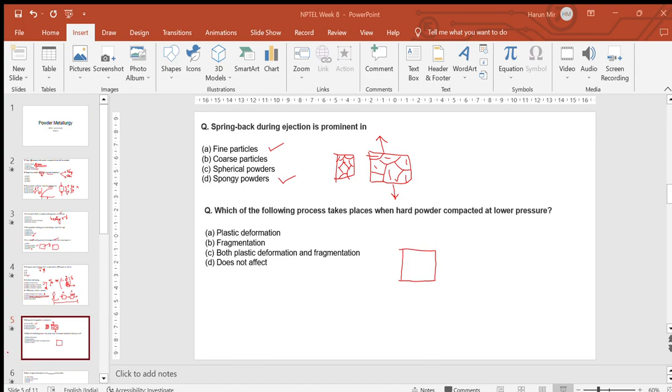Now we have to compare them. So for comparison, we have to write QC divided by QR, because we are trying to compare them.